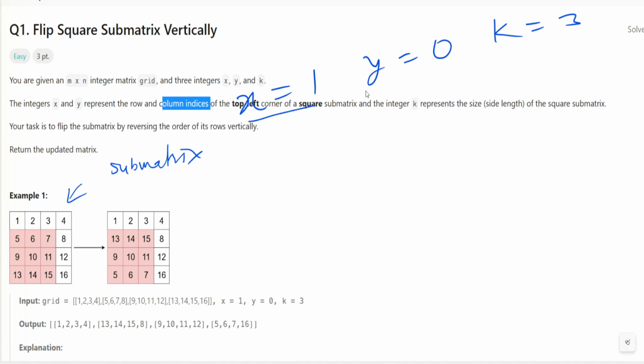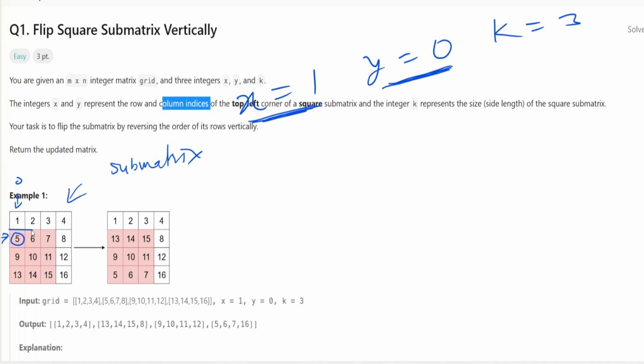When x equals 1 and y equals 0, the starting row should be 1 and the starting column should be 0. Where the column is 0 and the row is 1, we are talking about this value, the top left corner of the square submatrix.